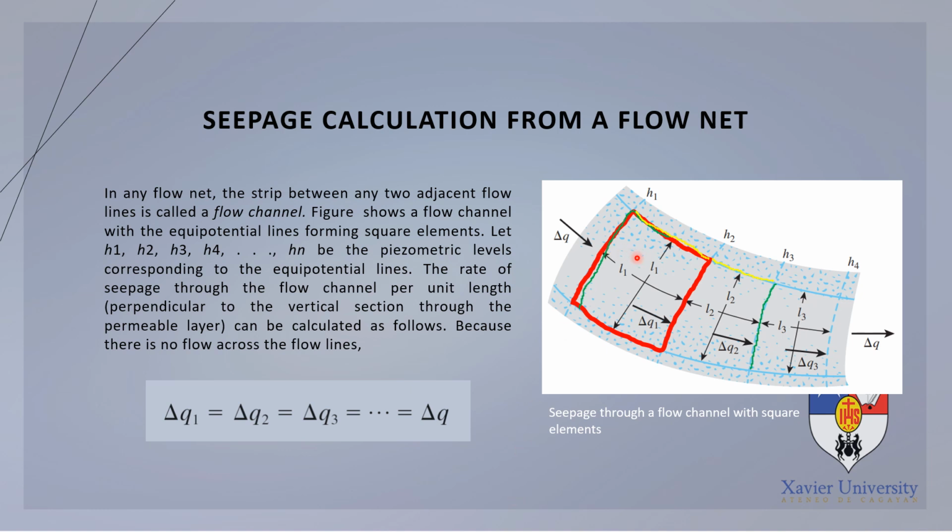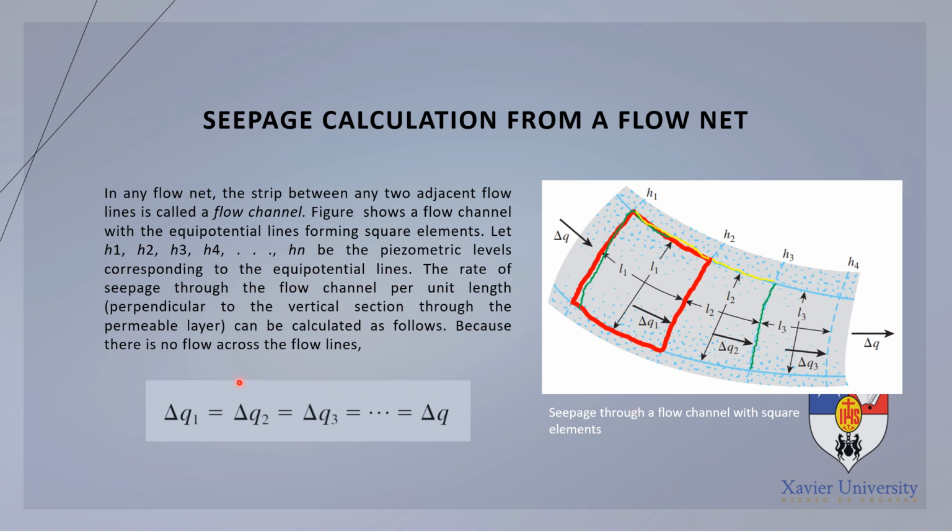So let H1, H2, H3 be the piezometric levels corresponding to the equipotential lines. The rate of seepage through the flow channel per unit length to the vertical section through the permeable layer can be calculated as follows.